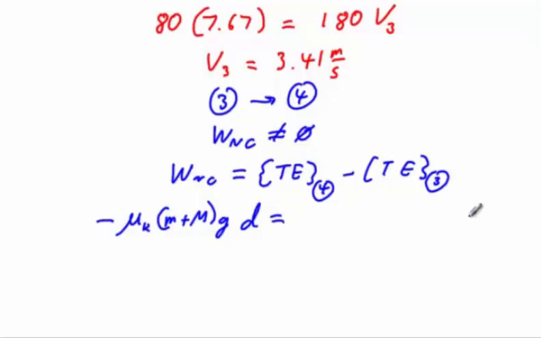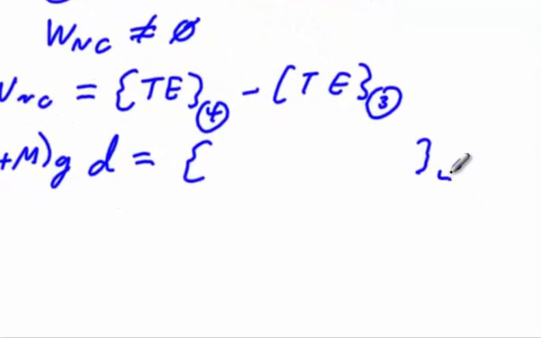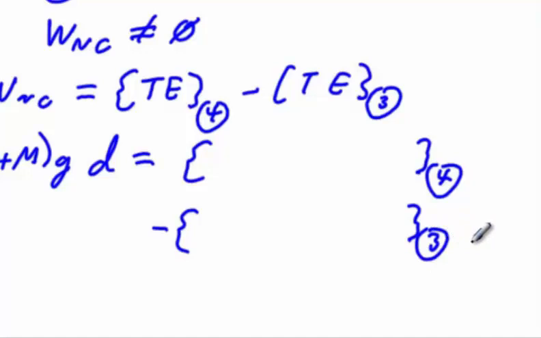On the right-hand side, we need to ask ourselves 3 questions at moment 4, and 3 more questions at moment 3. At moment 4, do we have kinetic energy? The answer is no, because they slid to a stop. At moment 4, do we have gravitational potential energy?